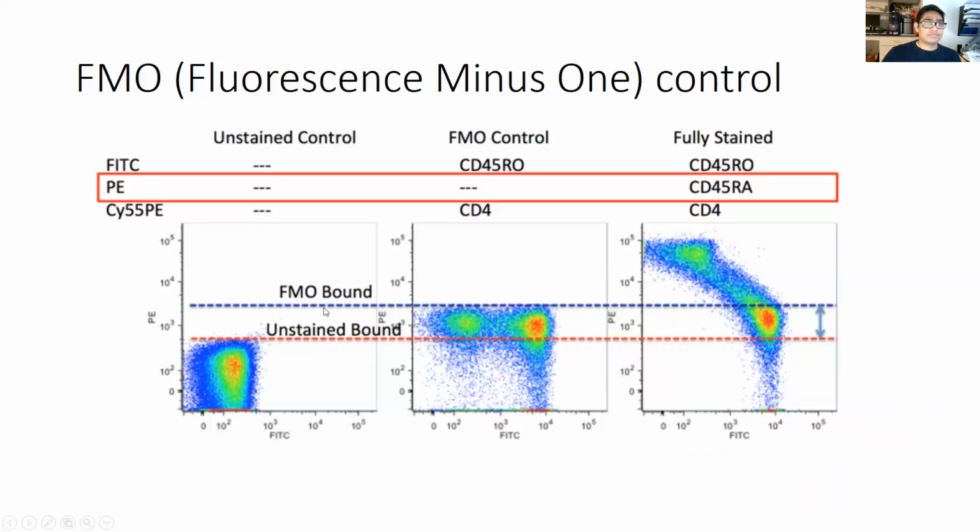That's why we drew another gate at the FMO boundary. So when we run the full panel, now we know this is the real P positive and this one is not. So that's how the FMO works.